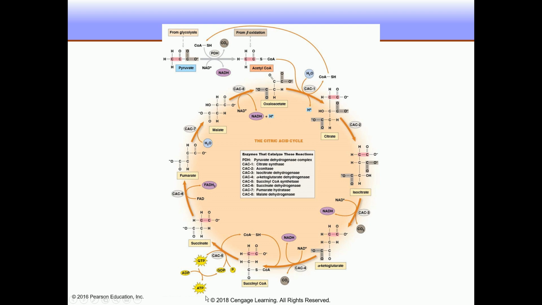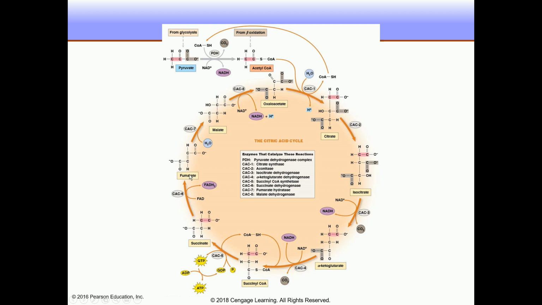Here one molecule of ATP is also produced, and this is produced by the process of substrate level phosphorylation. So first of all, when succinyl coenzyme A is converted into succinate, GDP is converted into GTP, and then this GTP is converted into ATP. So there is one molecule of ATP produced here, and it is produced by substrate level phosphorylation.